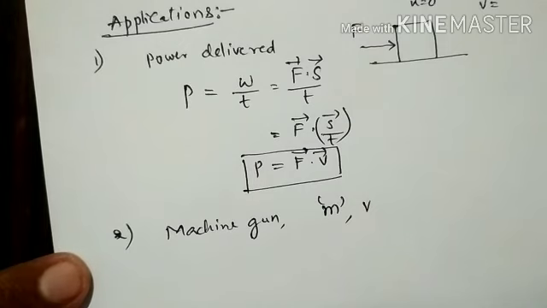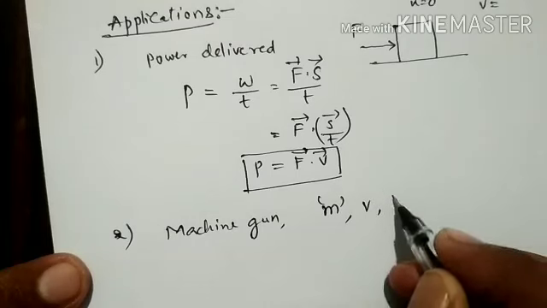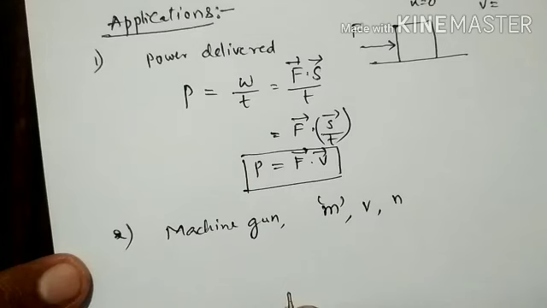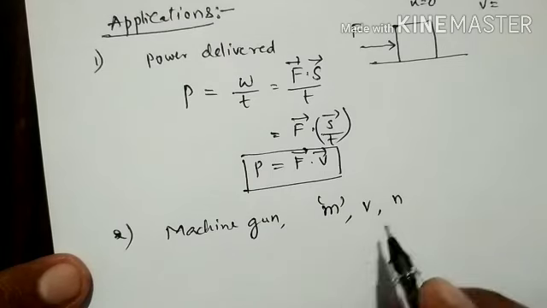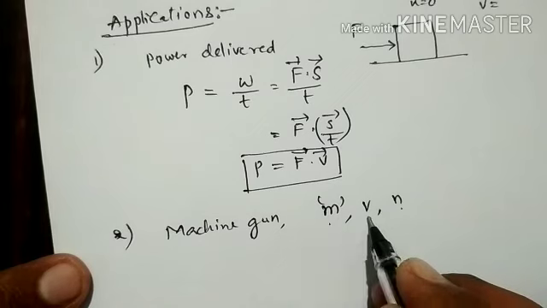Then what is the power of the machine gun? It fires a number of bullets, small n, per unit time. So the number of bullets is n per second, the mass of each bullet is m, and the velocity of the bullet which comes out is v.